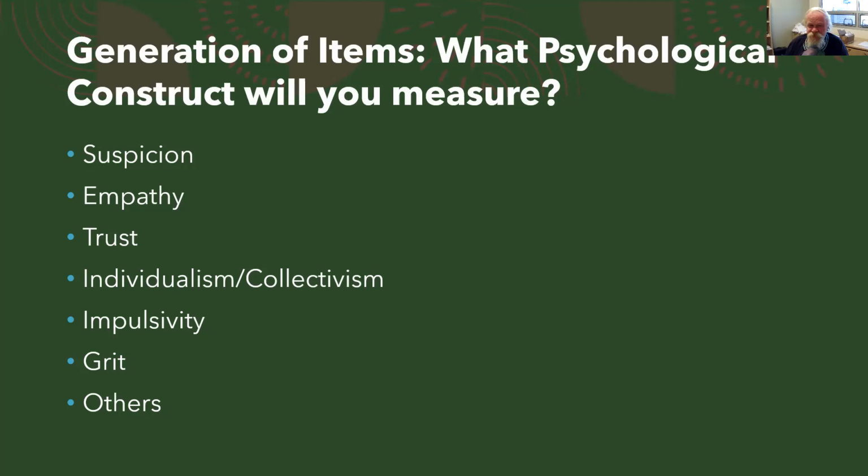So I have here a suspicion scale, a scale that measures how suspicious a person is. Also, you could make an empathy scale. How empathetic is a person to other people? Okay, that's interesting. You could also make a trust scale.